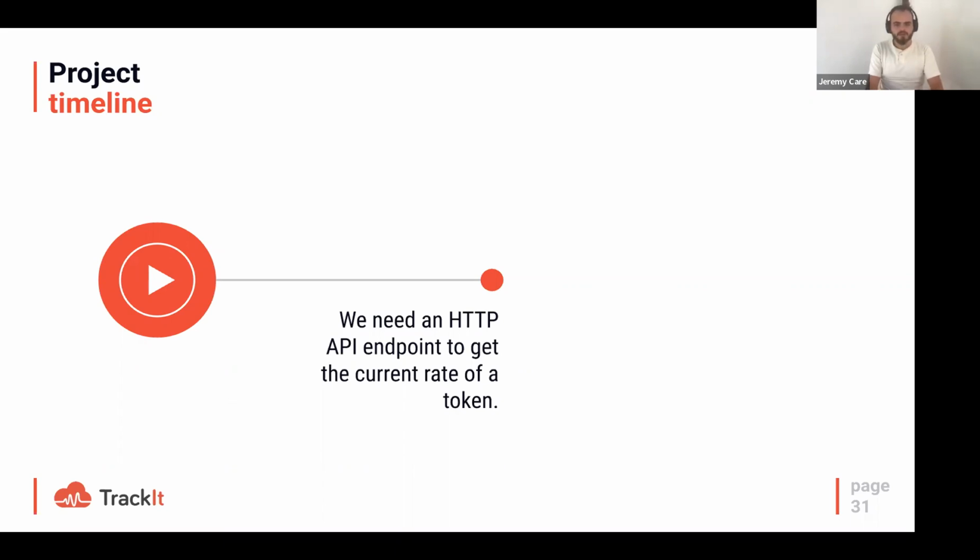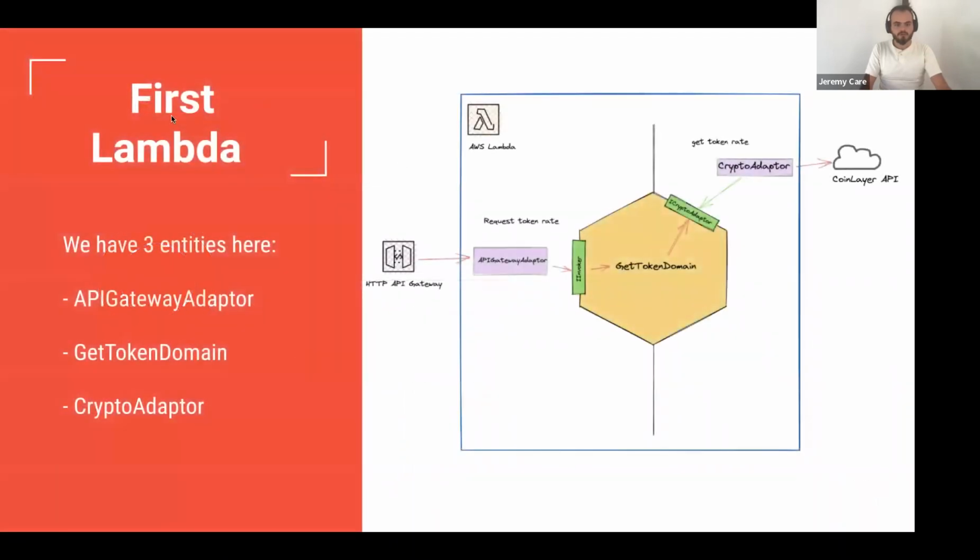It's a service that gets a token, like a crypto coin, and returns the rate. We start the project, and at the beginning the customer says, okay, we need an HTTP API endpoint to get the current rate of a token. So we write our first Lambda. The Lambda is triggered by API Gateway for the HTTP.